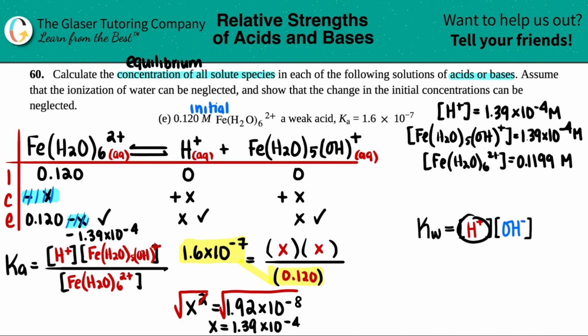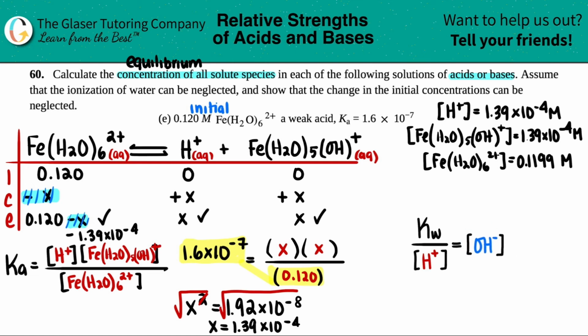So if we have H+, we want to solve for OH-. What we would do is we would divide on both sides by H+ to get rid of that, right? So that's what I'm going to do now, just for the simplicity of the video. I'm just going to divide by the H+ concentration, and that will give you the OH-.